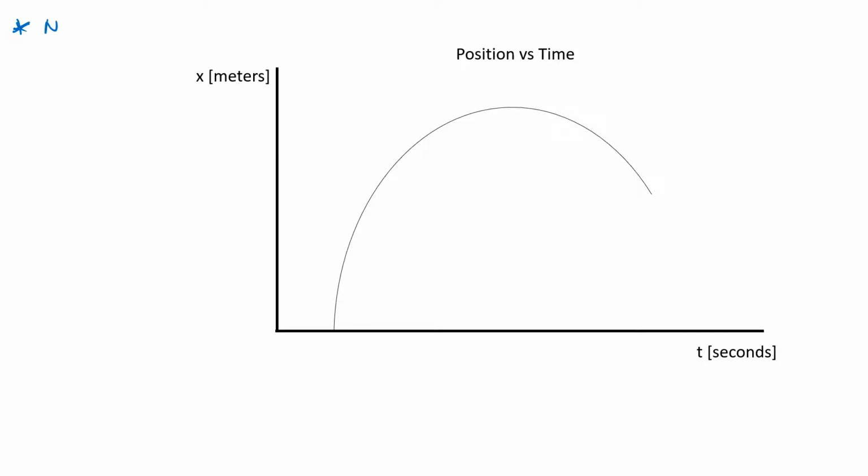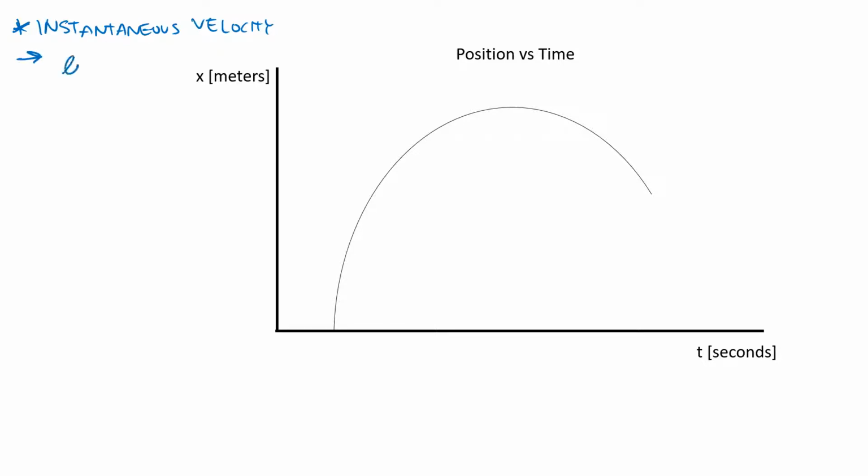So instantaneous velocity. That is the limit. I'm going to summarize a lot.